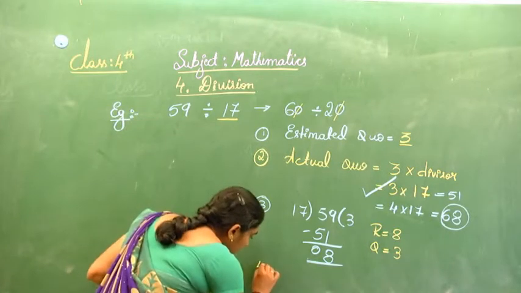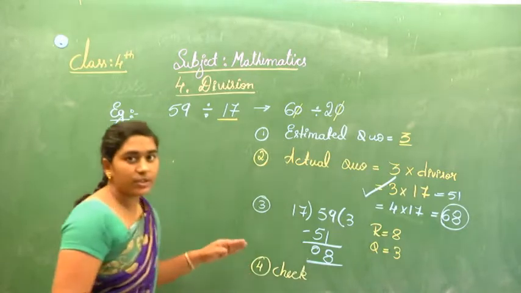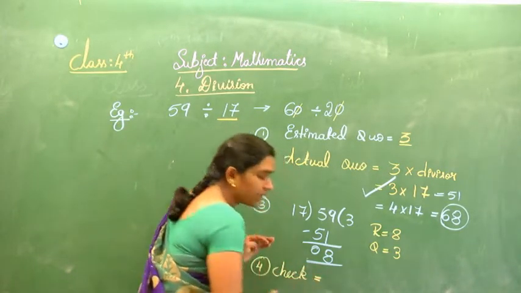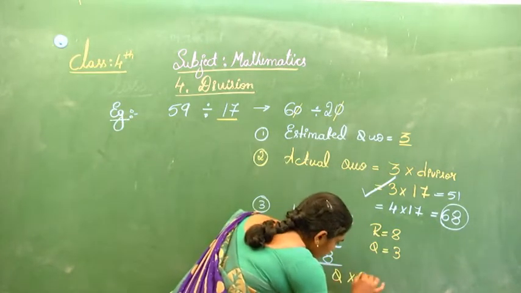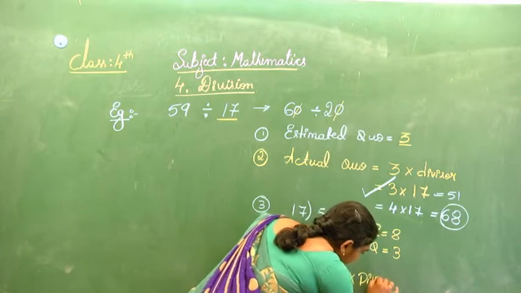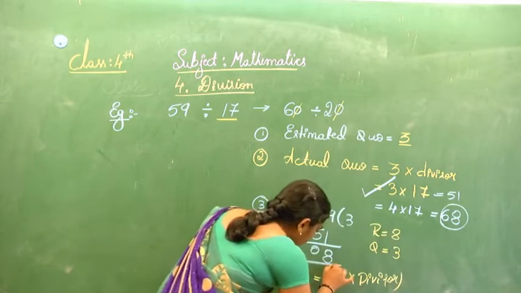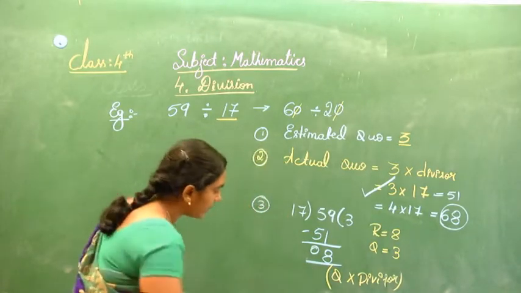And there is one more checking method. How do we check? We check the division with the help of the division algorithm.